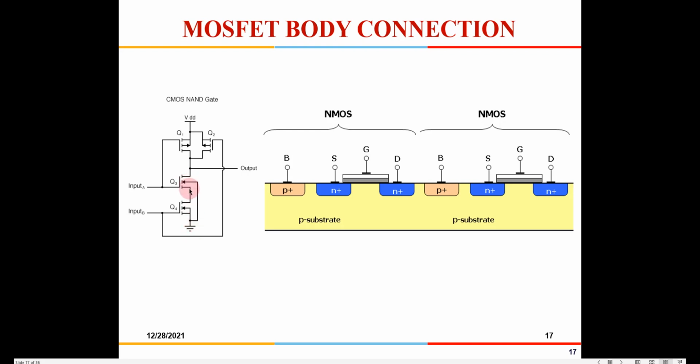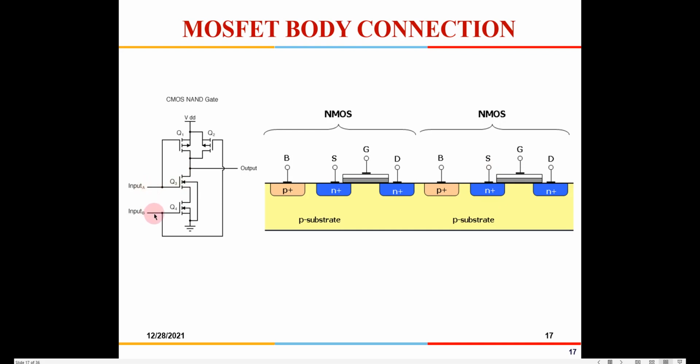If you short this, there is a possibility that, suppose this is the second top NMOS, you are doing this short between the source and the body here. Here also you are connecting source and the body. So for this transistor, there is no issue. For this transistor, suppose input A is high and B is low.